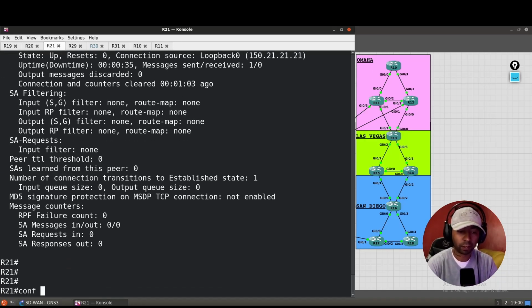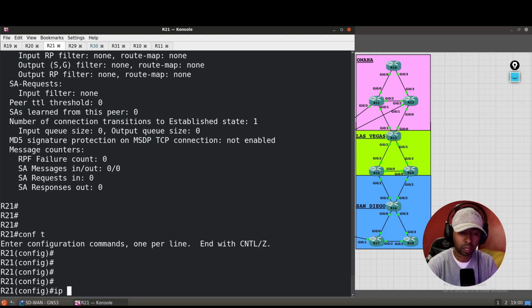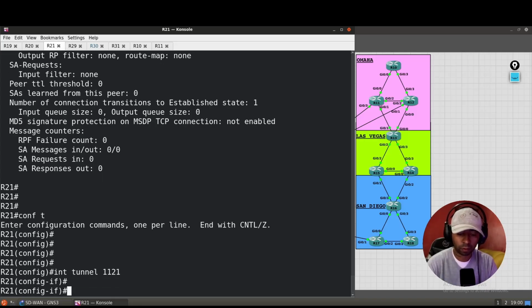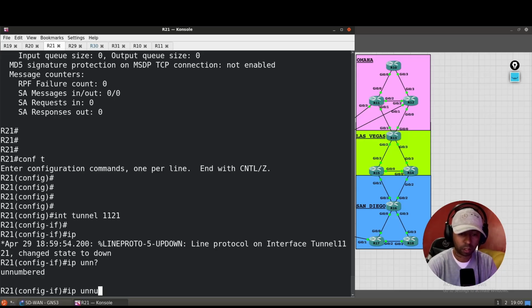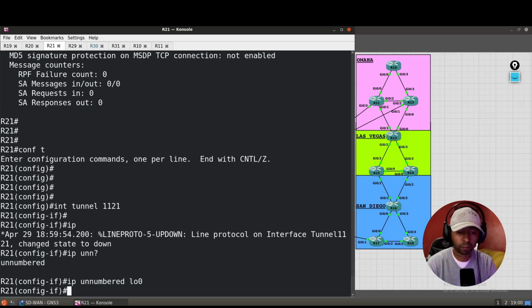So config terminal, interface tunnel 1121, let's call this tunnel 1121. So I will say IP unnumbered loopback 0.